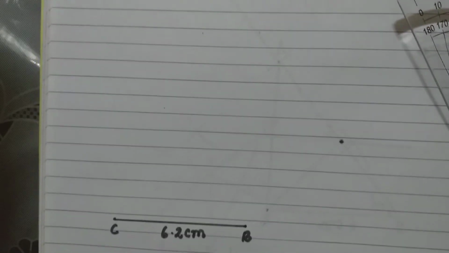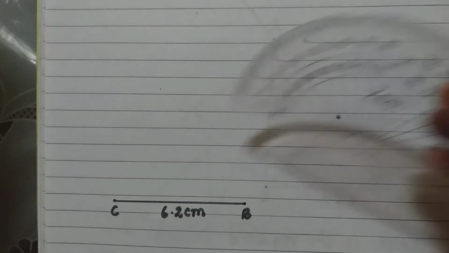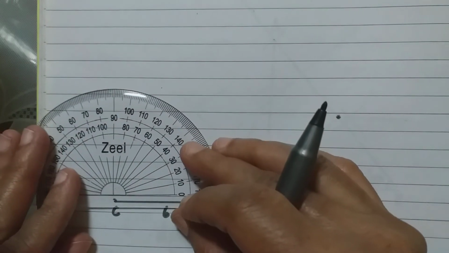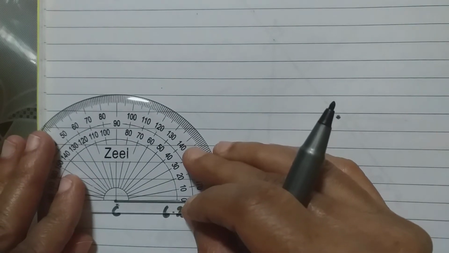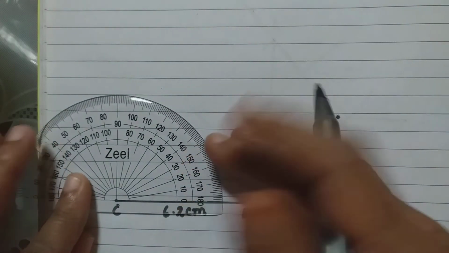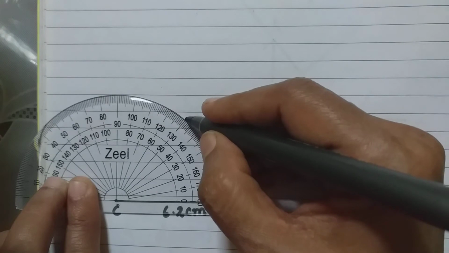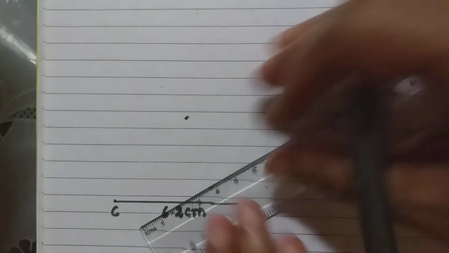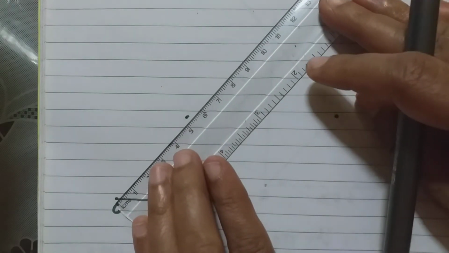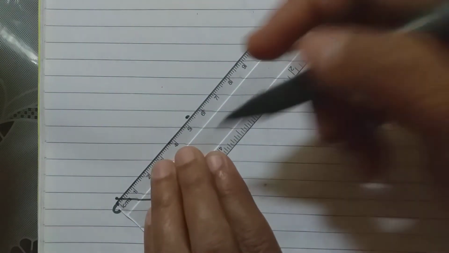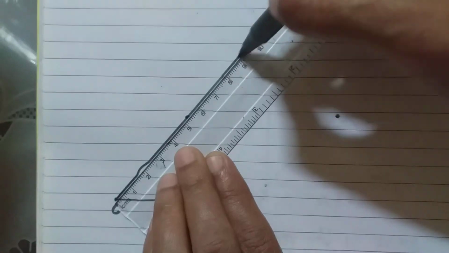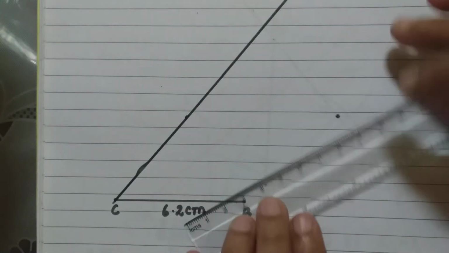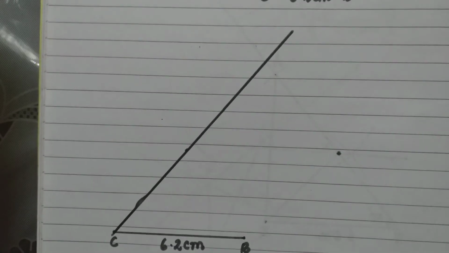So we keep the protractor at C and measure 50 degree, that is here. We have to draw a ray passing through this point. Okay, so we draw a ray passing through this point.